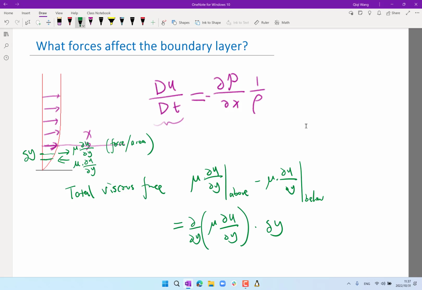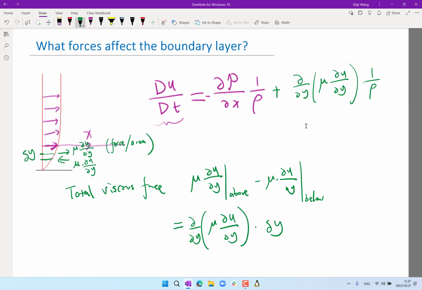It's the same as the pressure gradient. So we get another term that's the derivative of mu du dy times another 1 over rho, right? That translates the force per volume to force per mass. That's another acceleration by viscous forces.